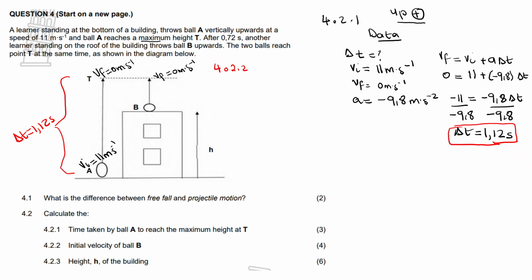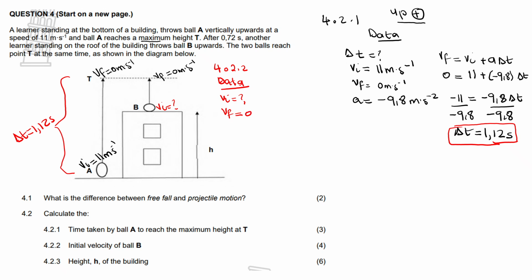It says they want us to find the initial velocity of ball B. Right. So we are looking for V initial. So let's create the data. We are looking for the V initial, question mark. Then we know that the final velocity is 0.